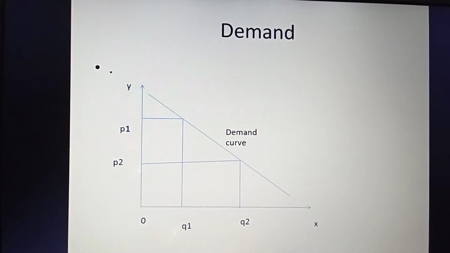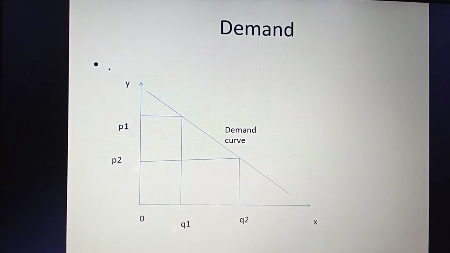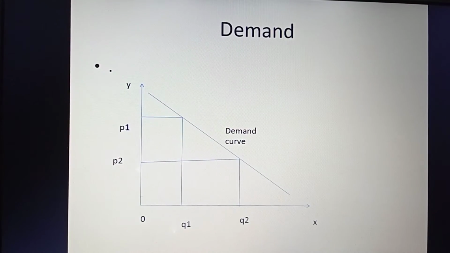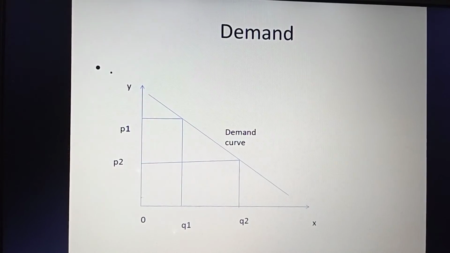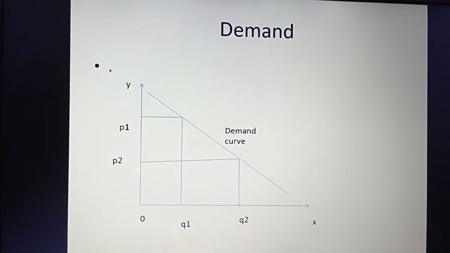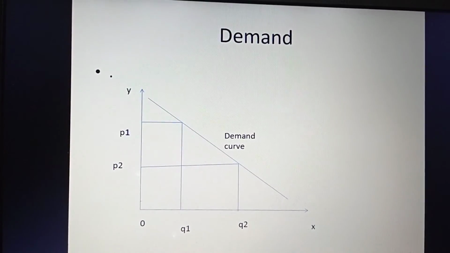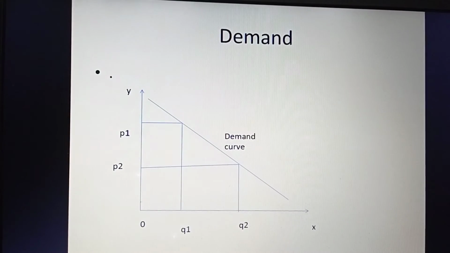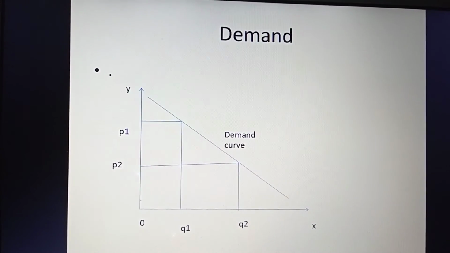So if we take the basic points, that is the point where the price is OP1 and quantity is OQ1, and the point where the price is OP2 and the quantity demanded is OQ2, and we join those points, then we will get one curve.